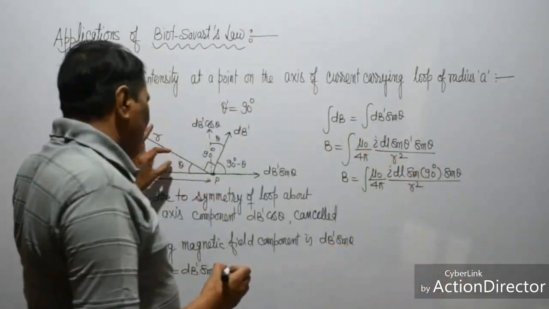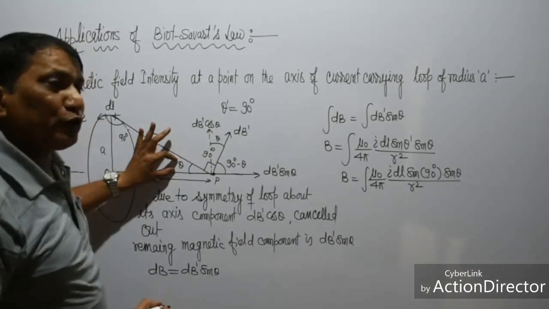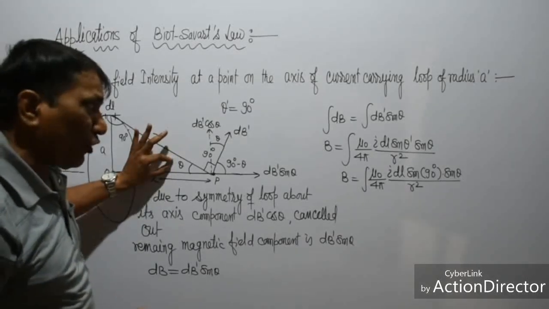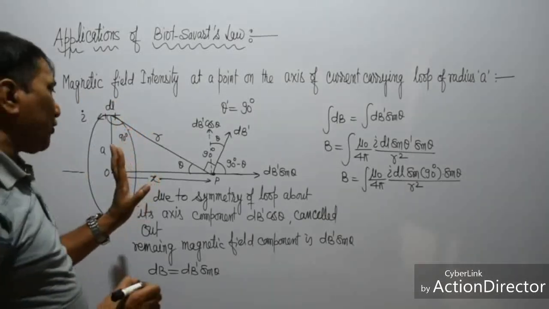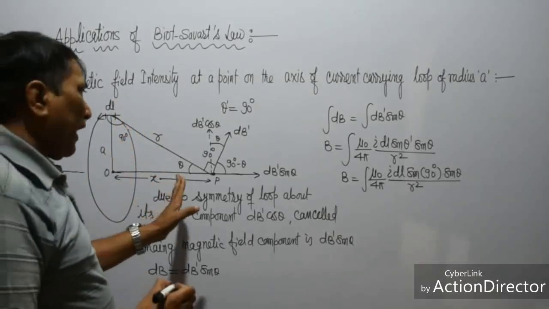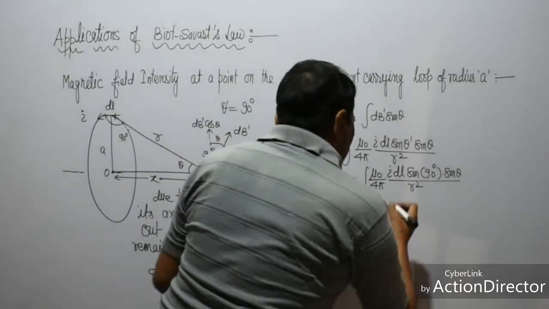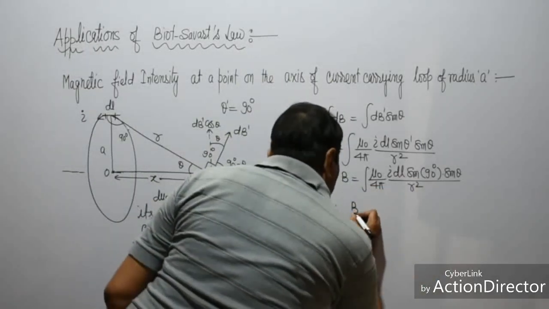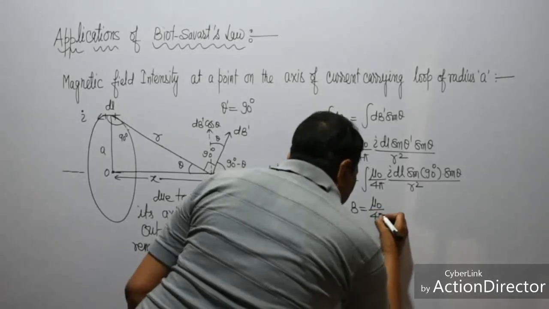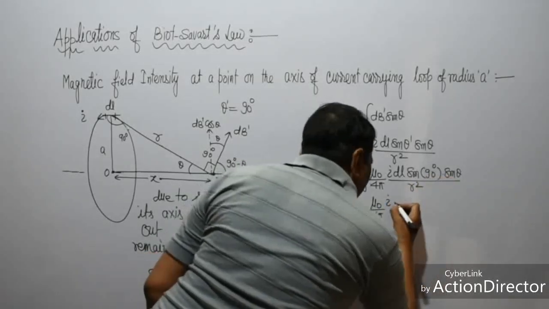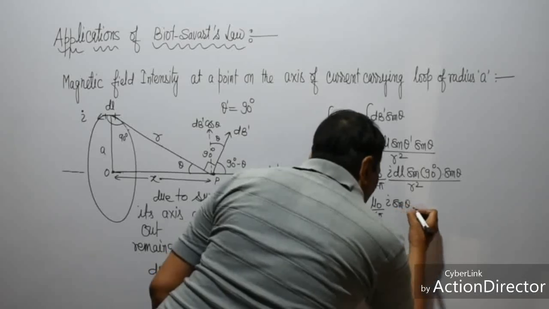In this case theta is not going to change, r is also not going to change. Okay, so what do we do? We can take all of these outside. So B equal to mu 0 upon 4 pi, I is not going to change, theta is not going to change.